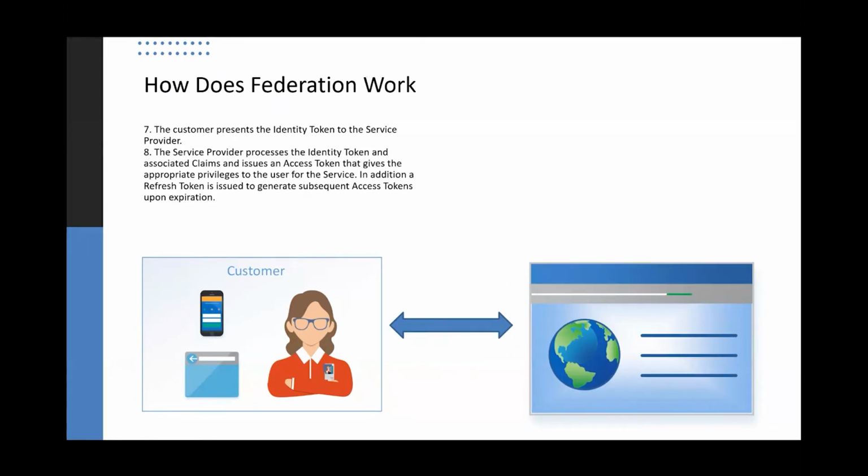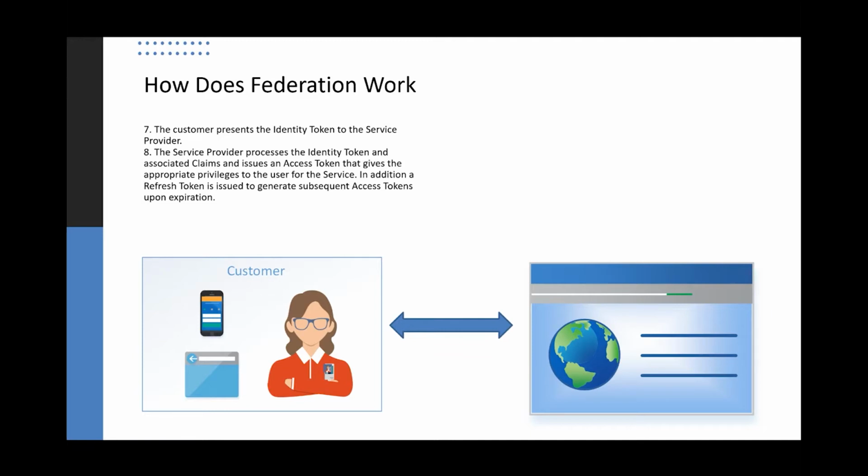So here I am. My browser now comes back to the service provider. It's come back to my website, and I'm given the identity token, so I know that you've been authenticated against an identity provider that I trust and I have a trust relationship with. And then I've got these claims. So based on those two things, the service provider is going to issue the browser with two new tokens.